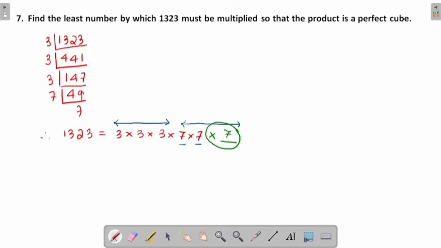Let me erase this part. I hope this is clear.